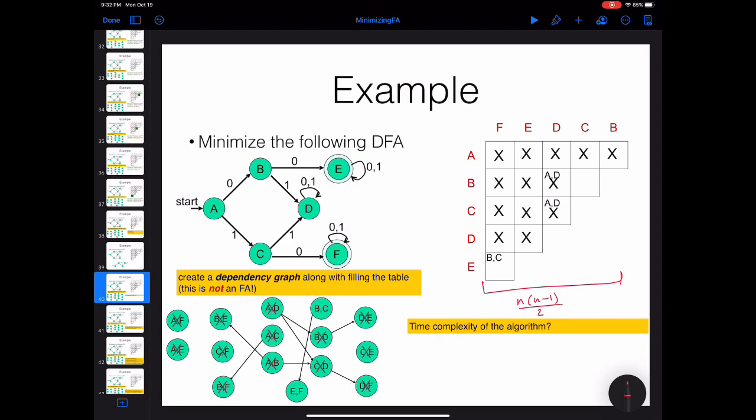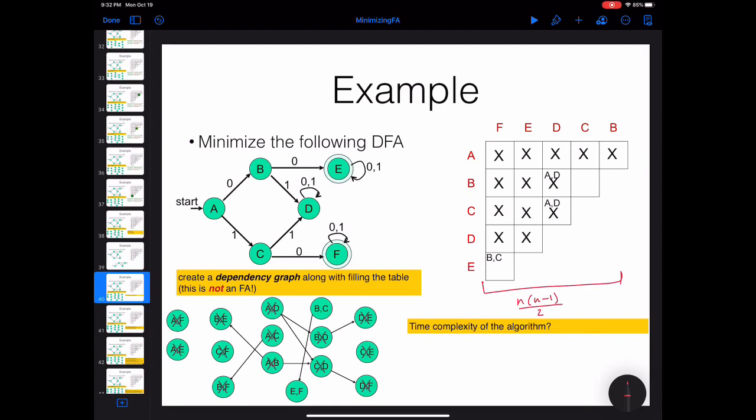You just check each accepting and non-accepting pair, and you just mark them. And for the rest of the cells, what you do is, for each cell, you check all the transitions, right? And nothing more.